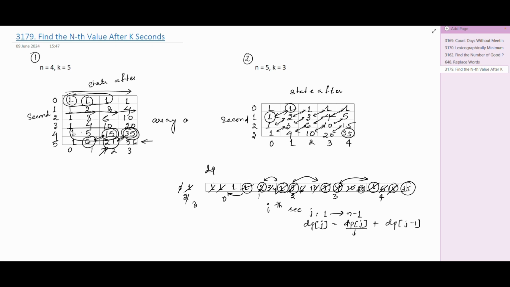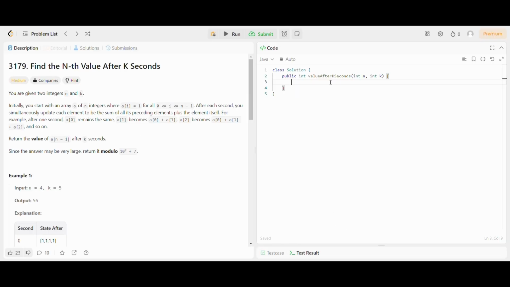So DP of j is the value after i minus 1 second, and DP of j minus 1 is the value that is stored after ith second. So now I will code the problem.